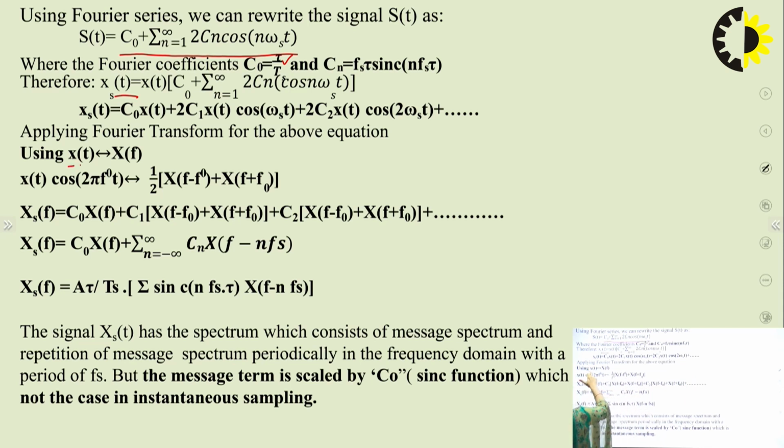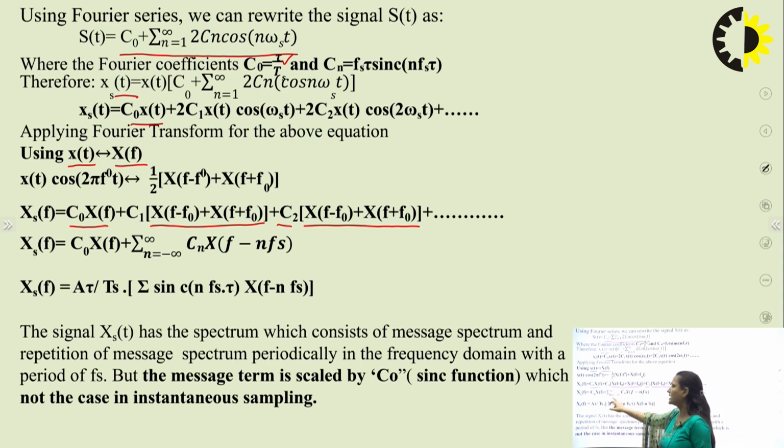So x(t) has Fourier transform X(f), and x(t) cos(2 pi f0 t) will be 1 by 2 [X(f minus f0) plus X(f plus f0)]. For X_s(f), in this way, for the first case we write c0 X(f), plus c1 [X(f minus f0) plus X(f plus f0)]. For the second term, c2 [X(f minus f0) plus X(f plus f0)]. So it is an addition of these terms from minus infinity to infinity.